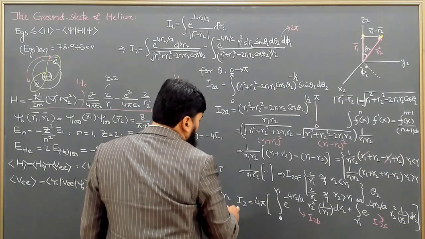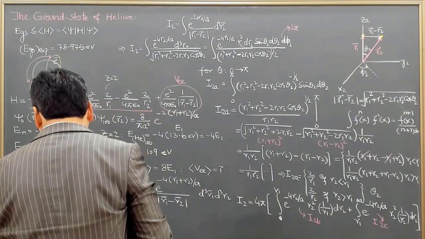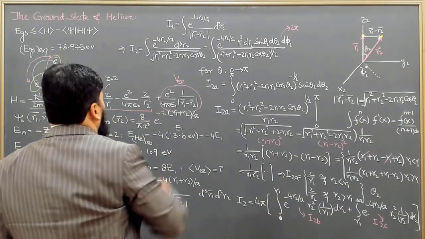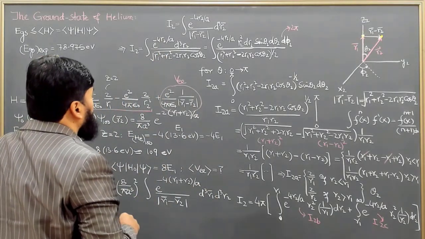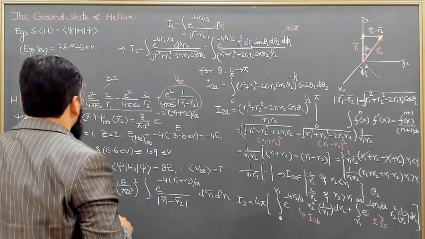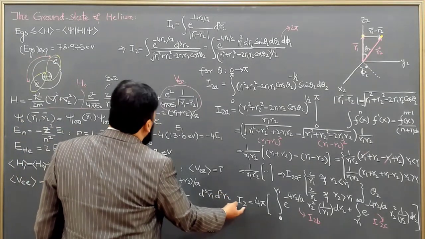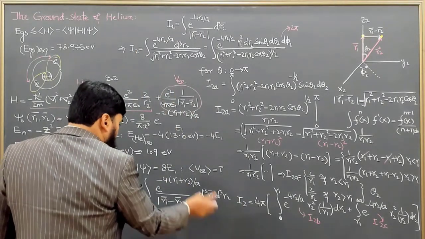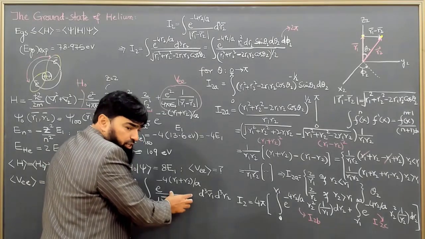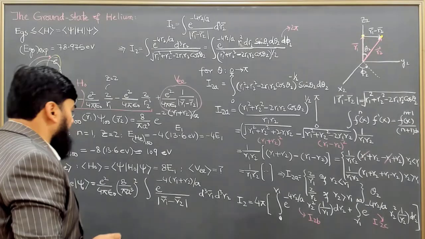When we get I2, then that I2 we will have to put in the integral which we have for R2 as well. When I2 is solved, this I2 integral we will put back over here, and we will solve this final integral then.